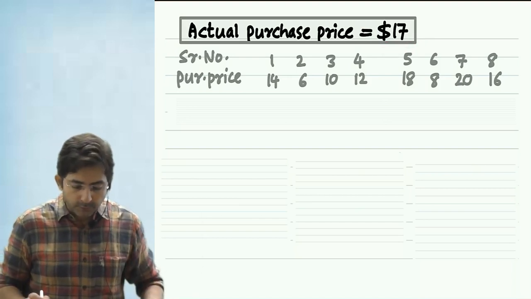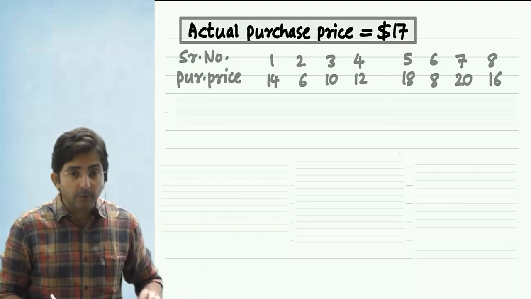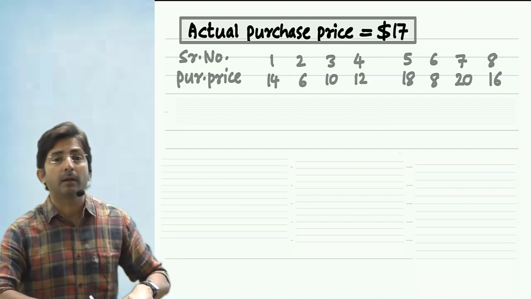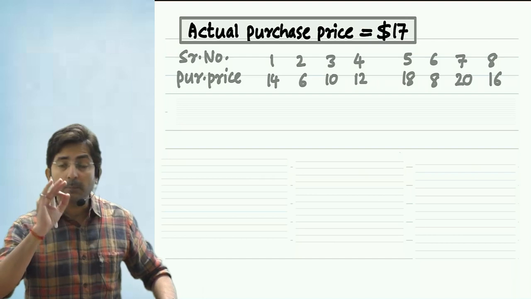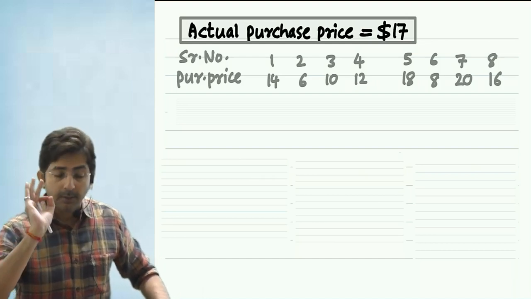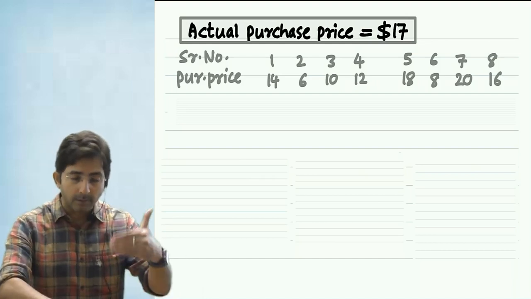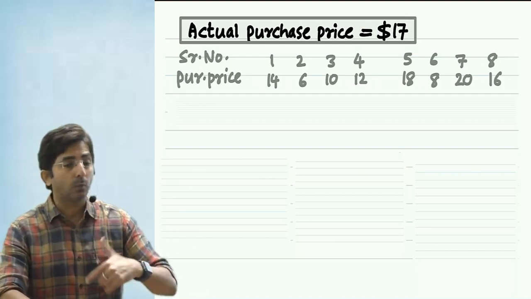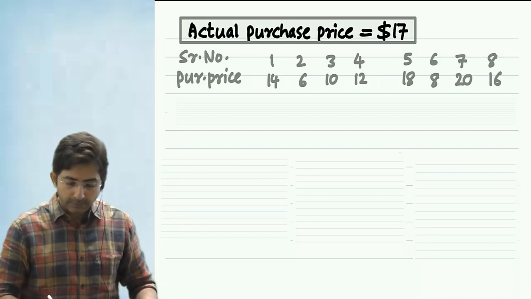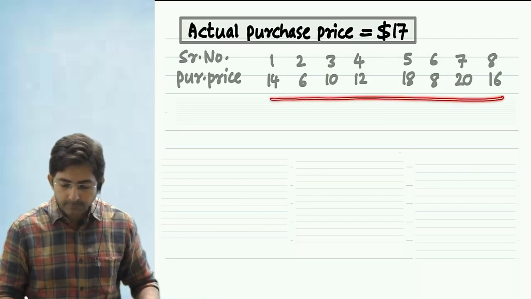So first, what we will do is find out the same raw material if purchased from unrelated parties. I am assuming it's a purchase of raw material transaction. So if the same raw material is purchased from unrelated parties, what are the varieties? See, we got 8 varieties.